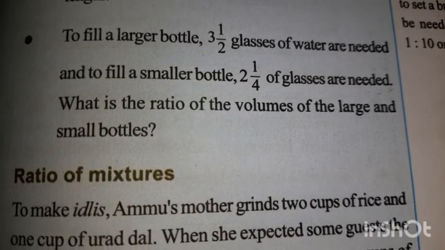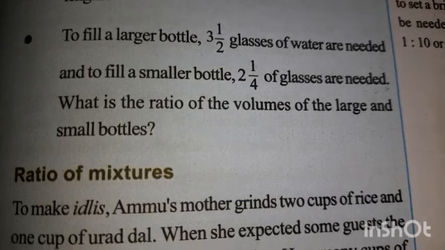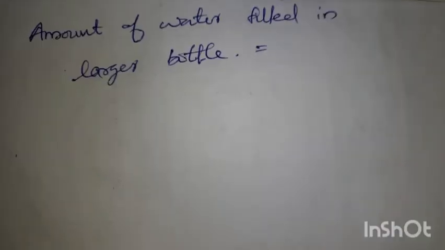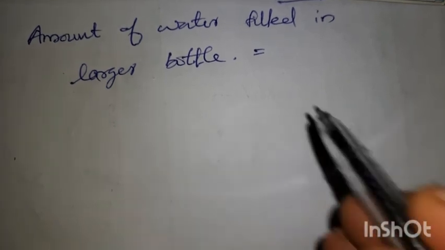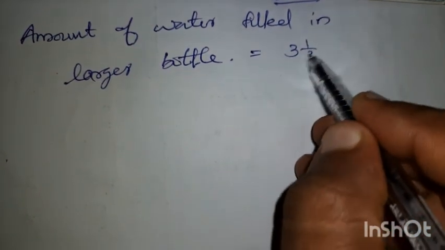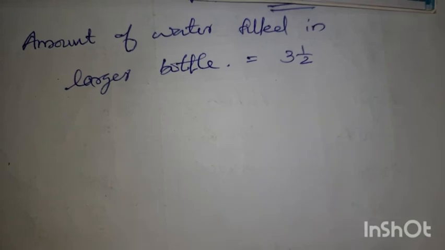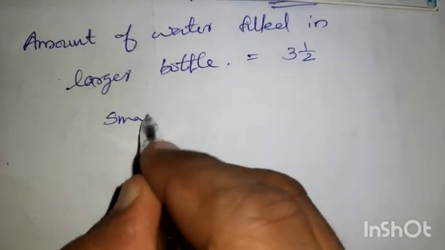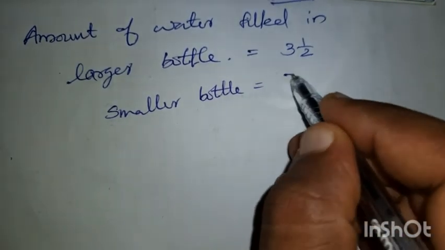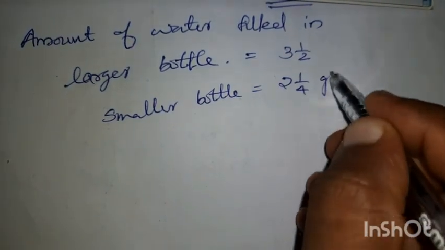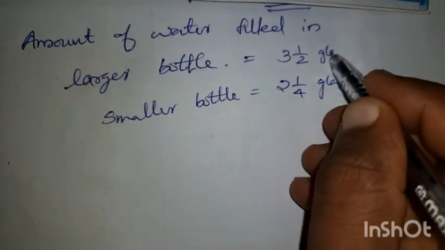And we have to find out the ratio of the volumes of the larger to smaller. So the amount of water filled in the larger bottle is how much? 3 1/2 glasses of water. Then what about the smaller bottle? Smaller bottle is equal to 2 1/4 glasses of water.